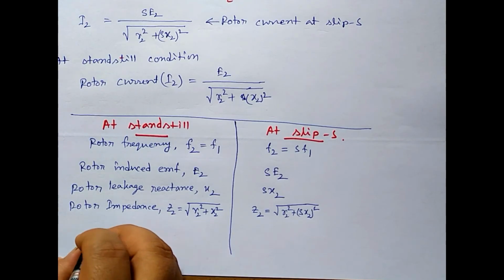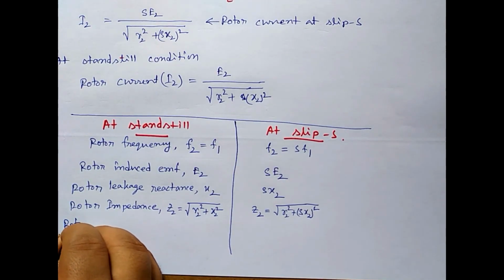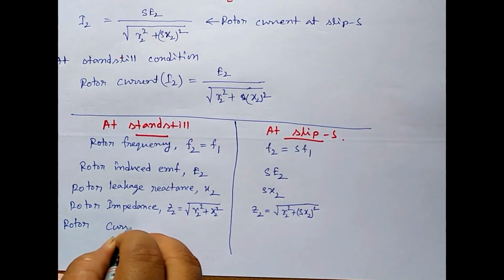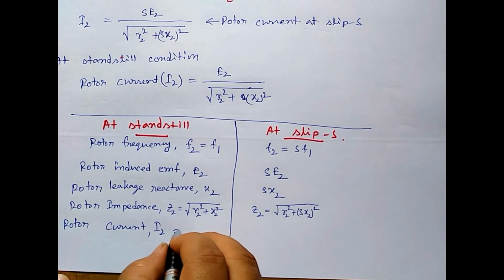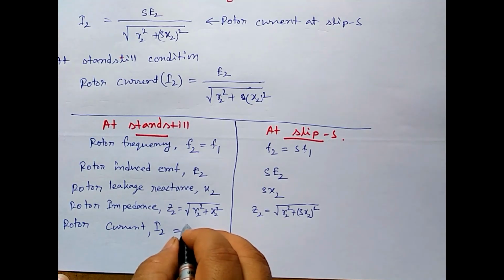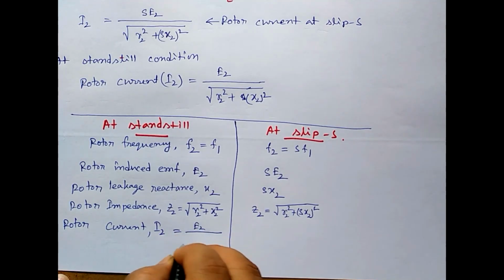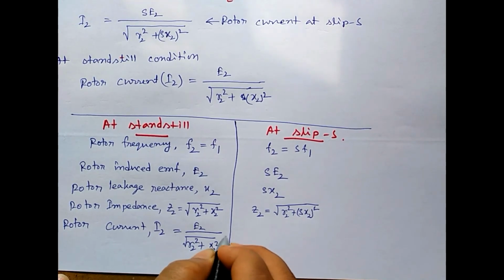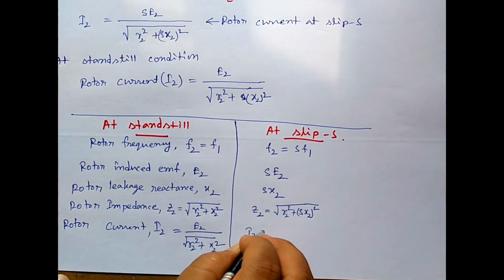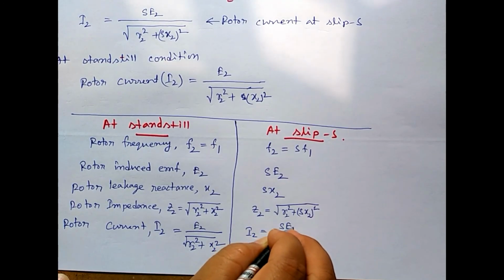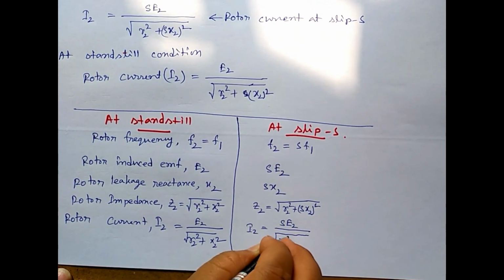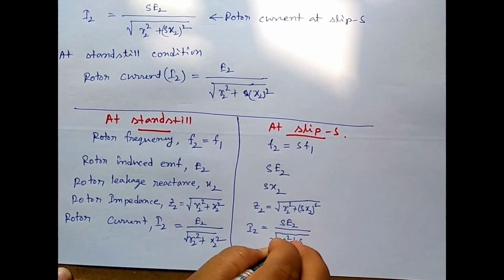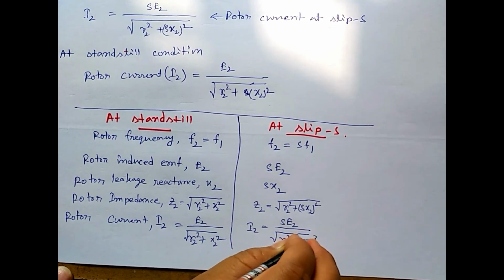Rotor current I2 equals, at standstill, E2 divided by root over R2 square plus X2 square, whereas here it is I2 equals sE2 divided by root over R2 square plus sX2 whole square.